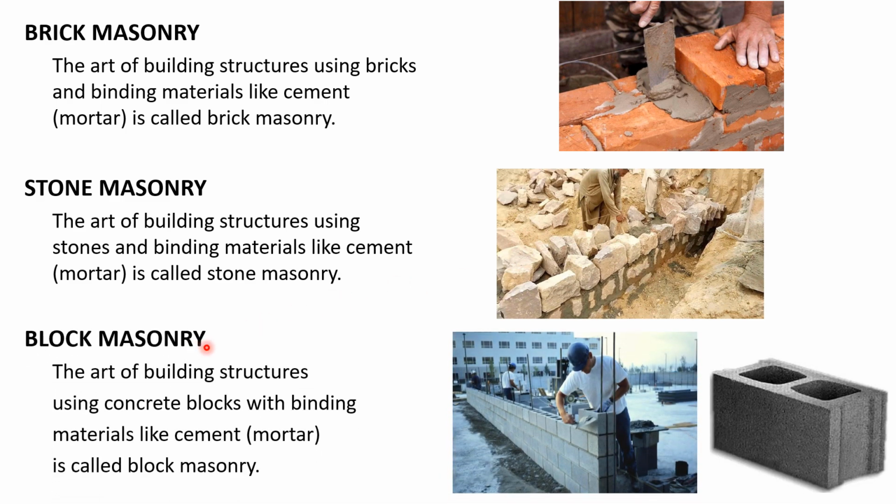Block masonry. The art of building structure using concrete blocks with binding material like cement mortar is called block masonry. This one unit is called concrete masonry unit, CMU unit. The number of units are placed with the binding material, that is block masonry.